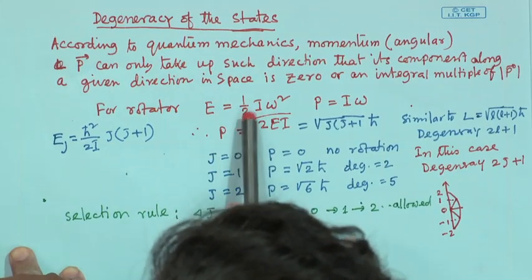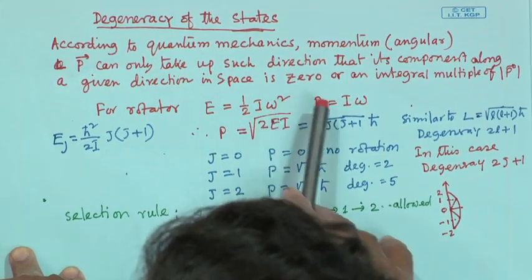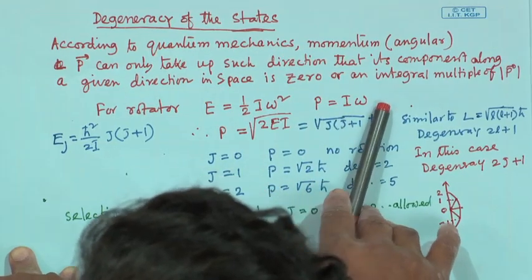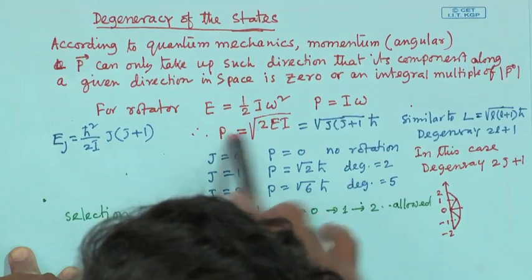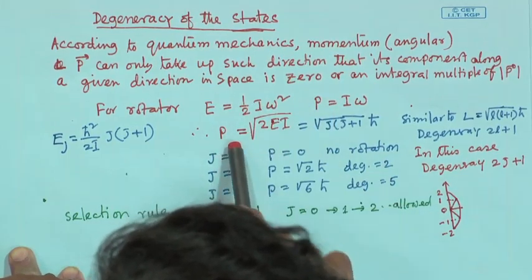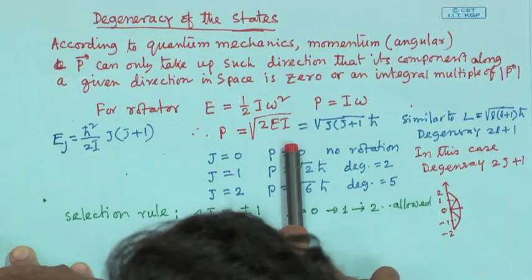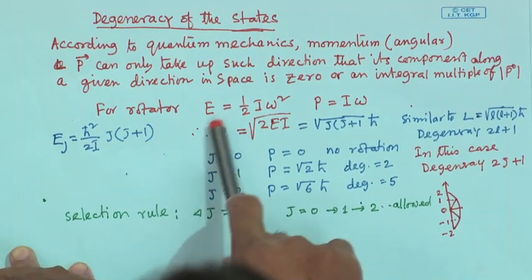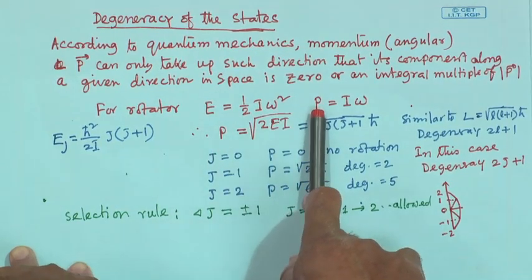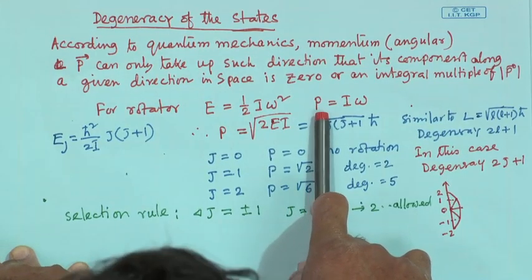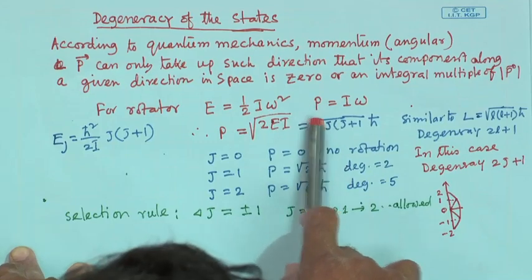So E equals half I omega squared, and P equals mv, so here I omega. From here one can write P equal to square root of 2EI. This P is, in this case, angular momentum. It is not linear momentum, although I have written P, but it is angular momentum.